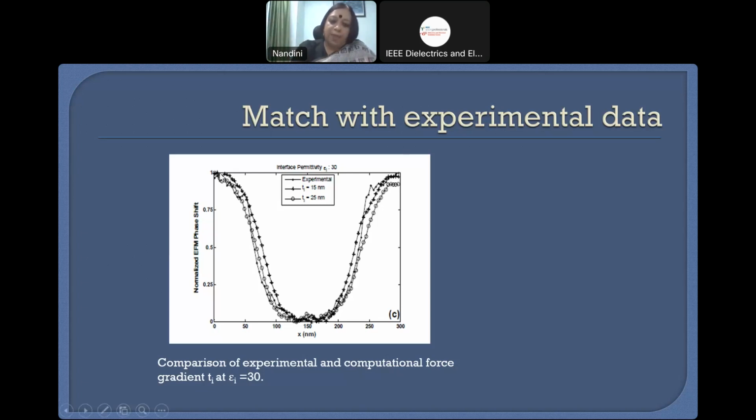By matching the experimental data with the computational data for the EFM phase image, we were able to obtain an interface permittivity of 30, where we are only talking about the real permittivity here, and a thickness between 15 to 25 nanometers, where we get a reasonable match.